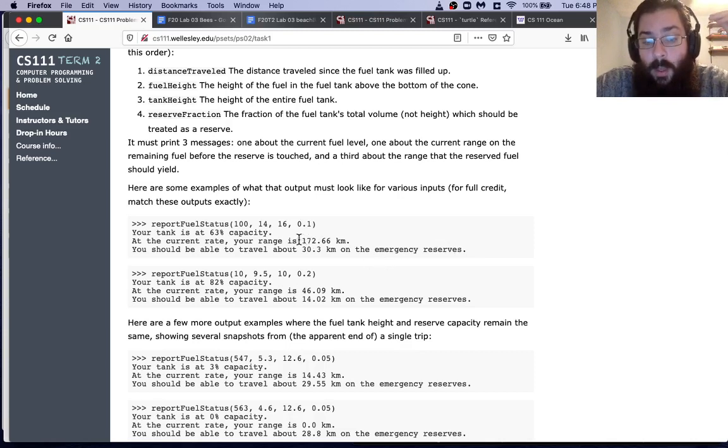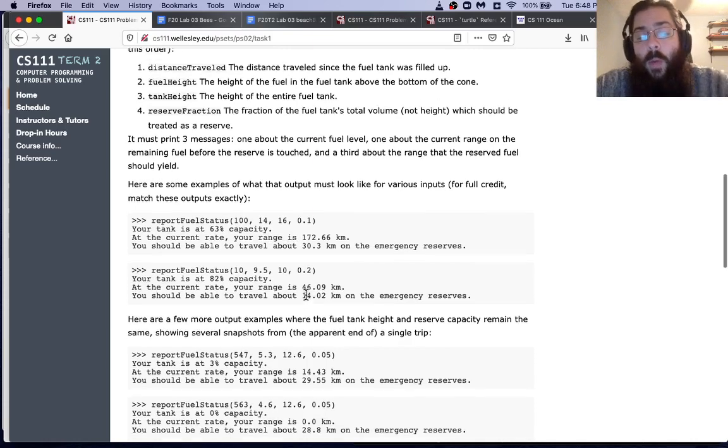The range of your vehicle based on that fake percentage. So both the first 2 lines are based on that conservative fraction, not the real fraction of fuel. And then the last line, you should be able to travel about 33.3 kilometers on the emergency reserves, is based on the amount of emergency reserves rather than the amount of fuel.